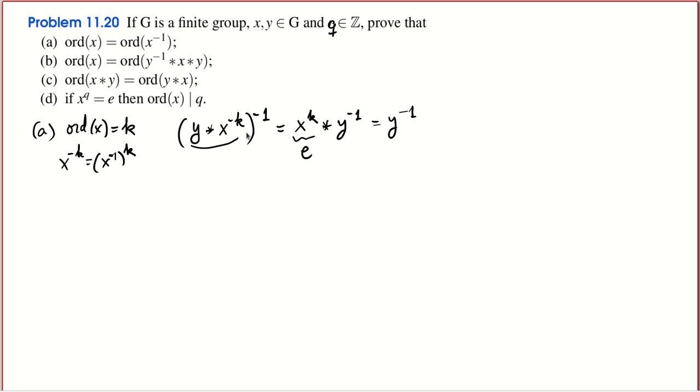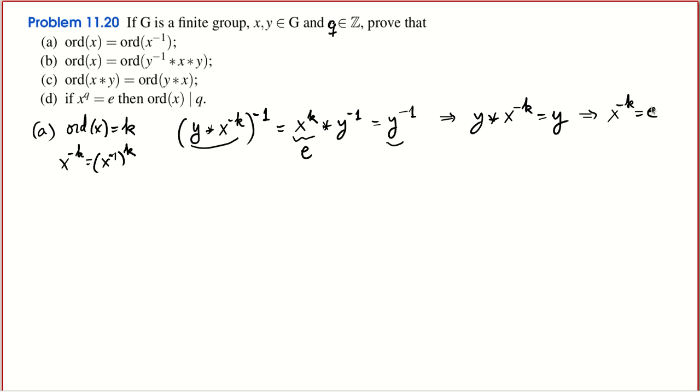So we have two elements whose inverses are the same. Therefore, the elements themselves are the same. So y times x to the negative k is equal to y, and this is exactly the property of the neutral element. So that means that x to the negative k has to be the neutral element, right?